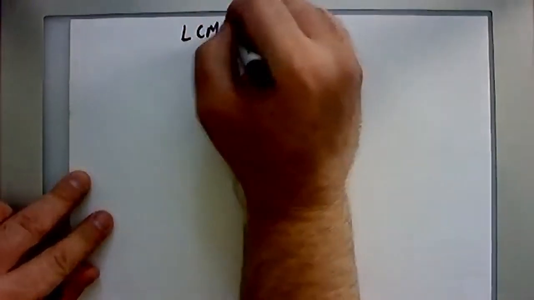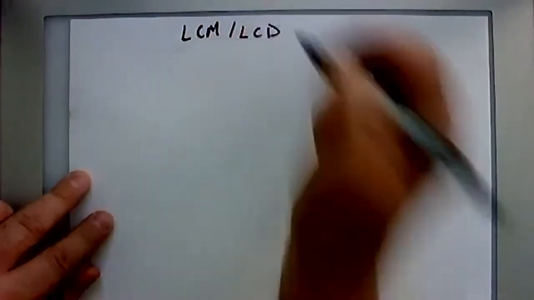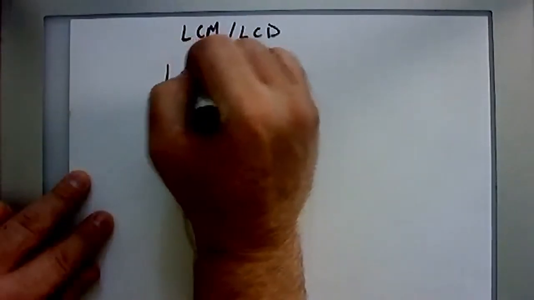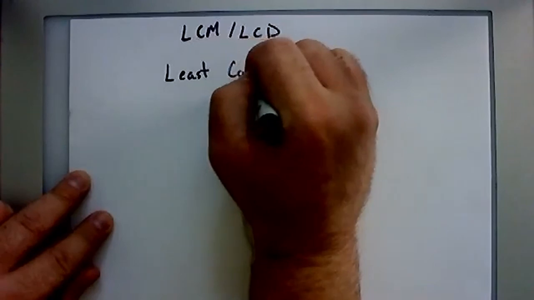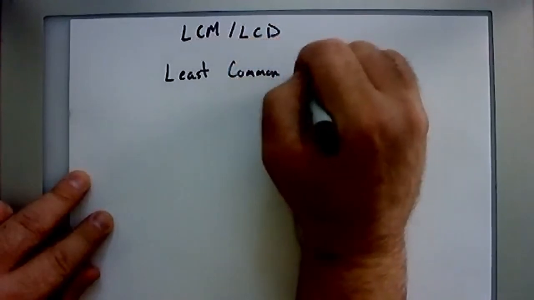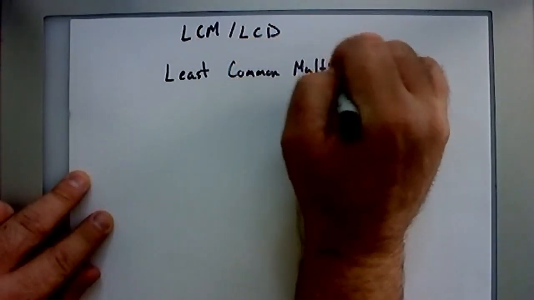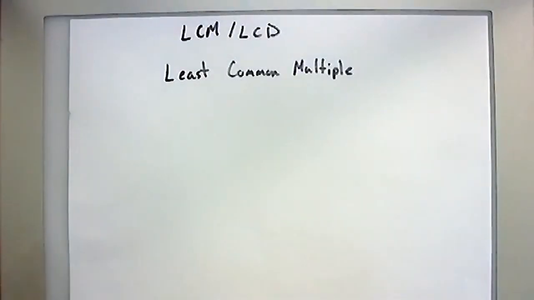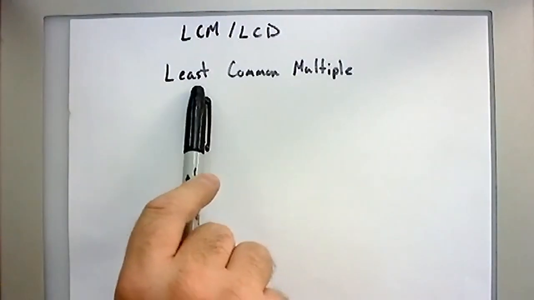LCM, or LCD, they're used interchangeably, is the least common multiple. I'm going to stop right here and ask you something. Do you think that least common multiples would be bigger or smaller than the numbers you're asked about? You might say less, right, because it's least. Again, this is backwards.